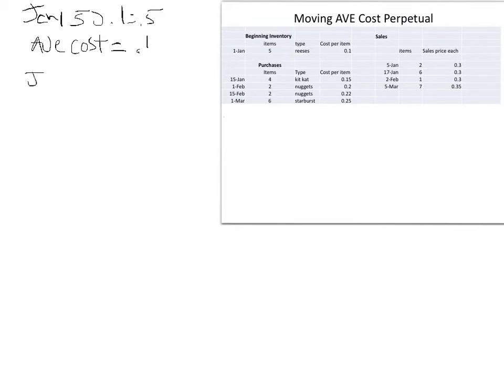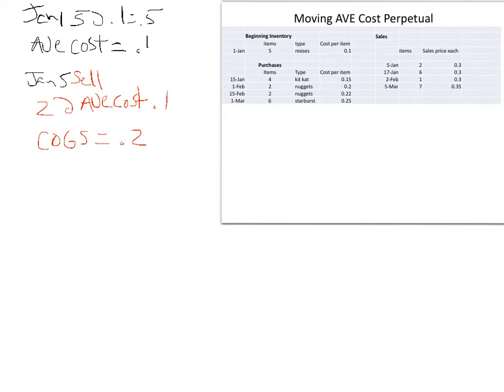So on January 5th, and I'll change the color of my pen when we sell something, we sell two at an average cost of 0.1. So our cost of goods sold right then for that sale is 20 cents.